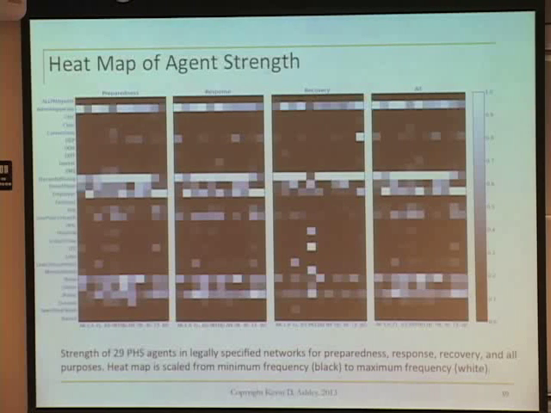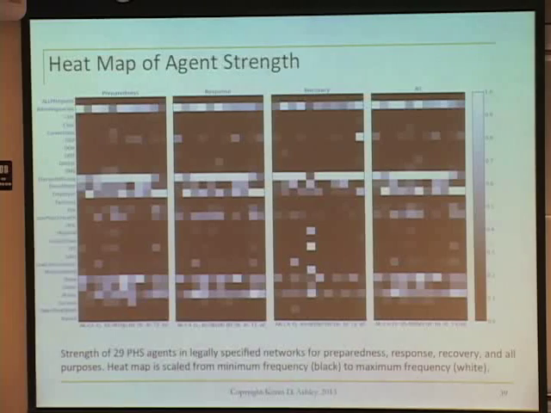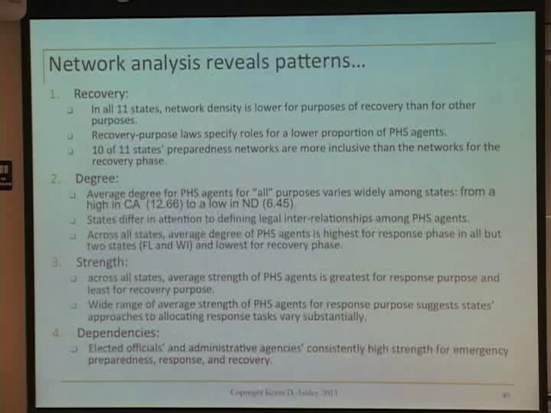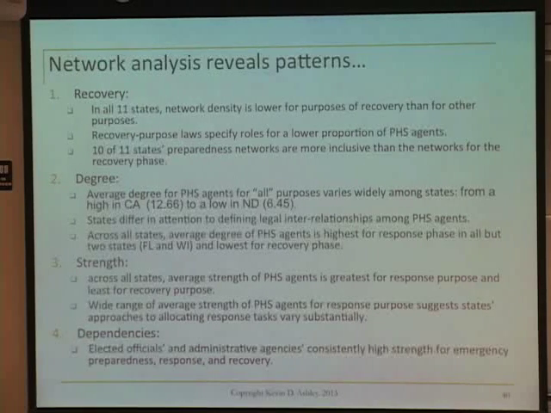And public health analysts can look at this and notice things. For example, here's that white dot for Maryland with respect to recovery, where everybody else has a black dot. In other words, they can analyze the networks to reveal certain patterns. Like in all 11 states, the network density is lower for purposes of recovery than for other purposes. Or across all states, the average strength of the public health system agents is greatest for response purpose and least for recovery purpose.